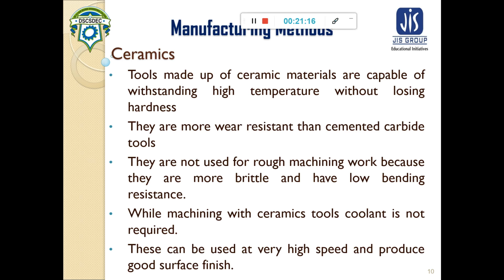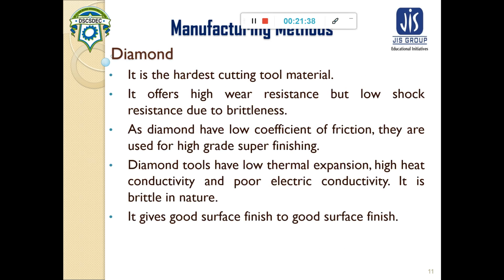These ceramics can be very useful for high speed operation with the desire to have good surface finish. In that case, ceramic materials create a very good cutting tool. Now there is diamond. Diamond is the hardest cutting tool material. It offers high wear resistance but low shock resistance due to its brittleness.